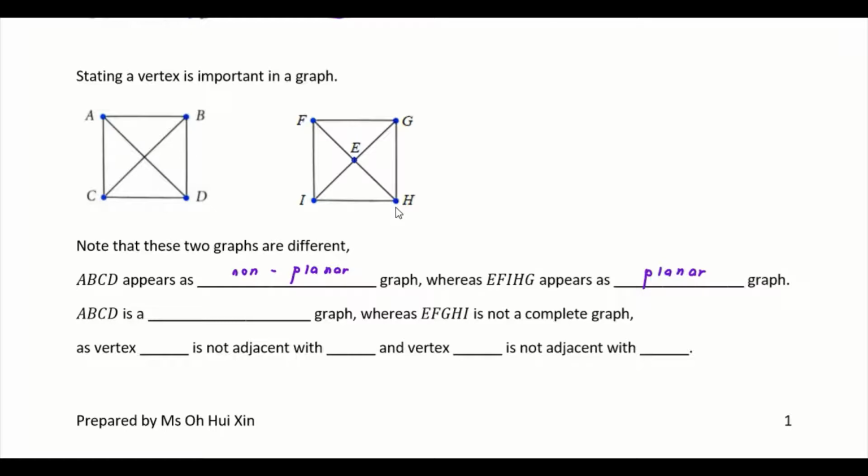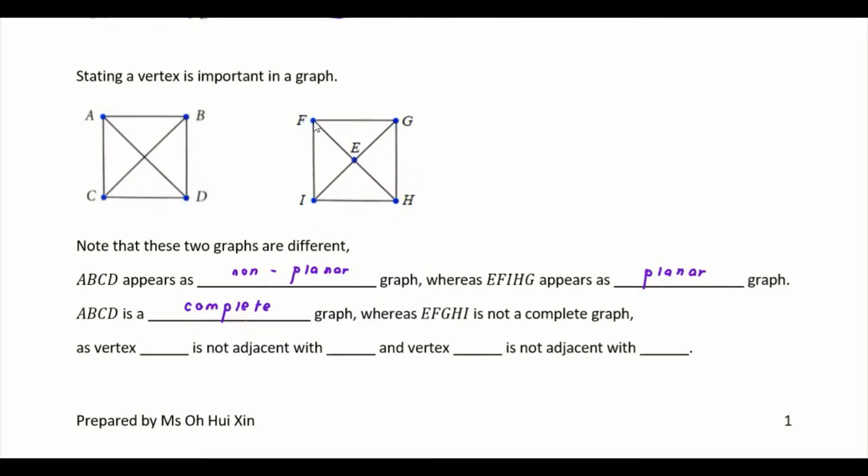Am I right? Then the second difference is that the first graph here is a complete graph, like we mentioned just now, a K4 graph. So all the vertices are adjacent to each other. But the graph for EFGHI is not a complete graph. Why is that so?